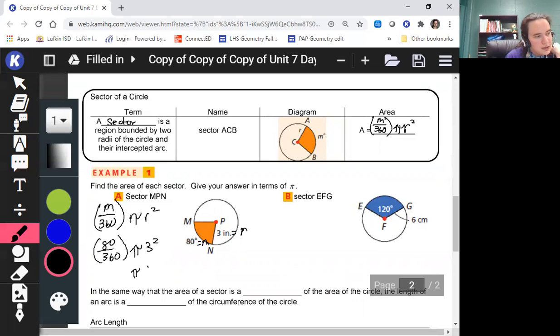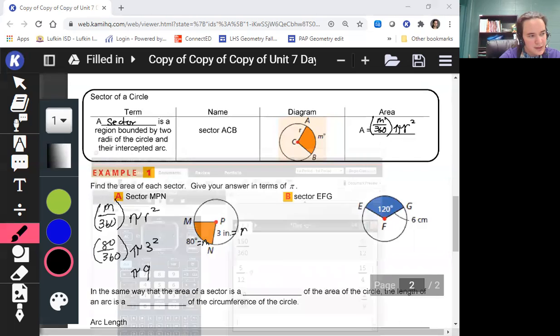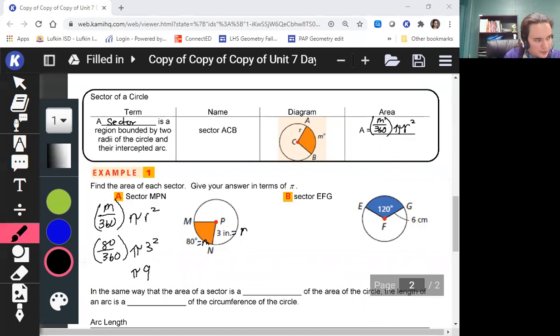Now 3 squared is 9, and 80 divided by 360 gets you 2/9. And 2/9 times 9 is 2. So we've got 2 pi inches squared for our area for this sector.